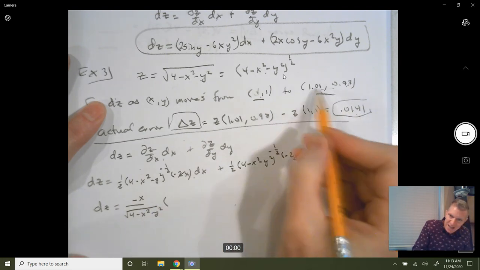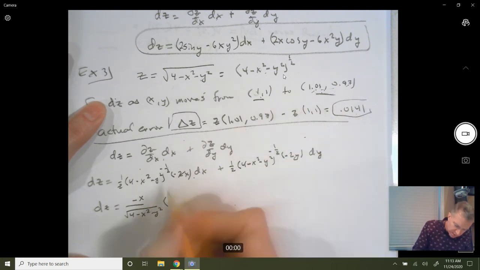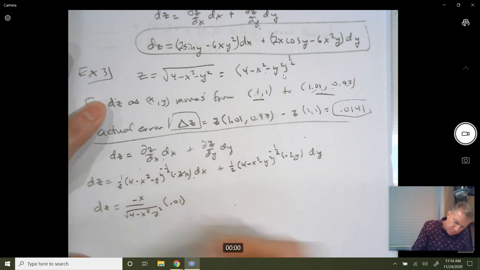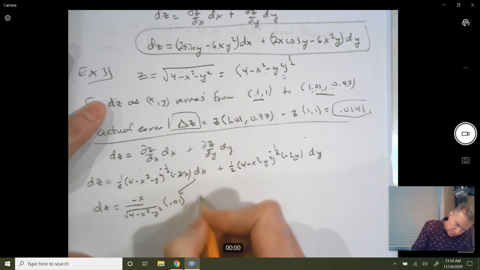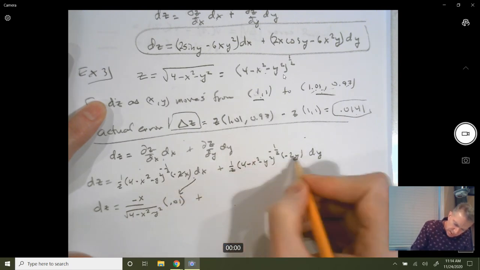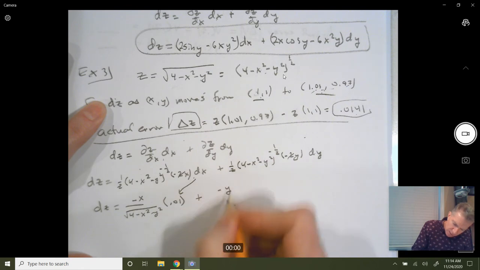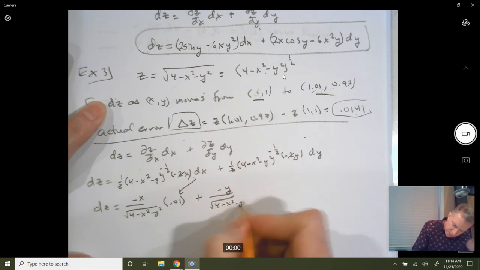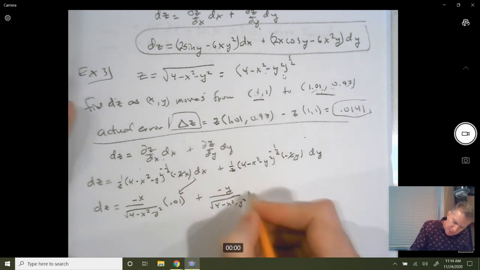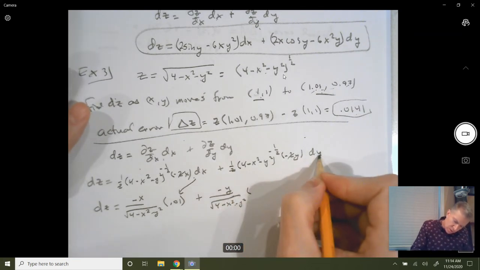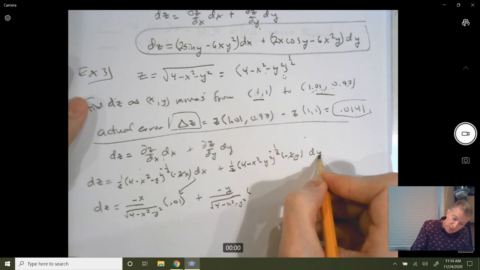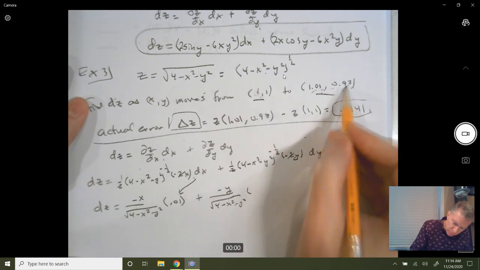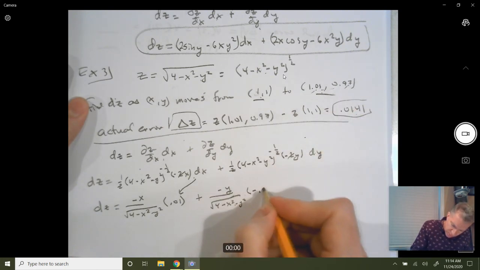Our change in x is positive 0.01. And over here, the 2's cancel. We get negative y over the square root of 4 minus x squared minus y squared times your change in y. Change in y goes down by 0.03, so negative 0.03.